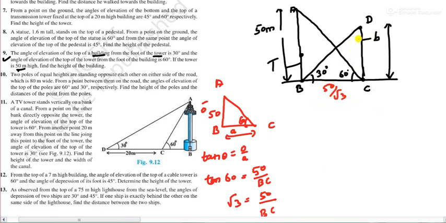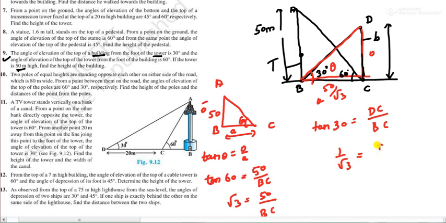So BC you have got as 50 by root 3. Now if you look at this figure, triangle DBC, angle B is 30 degrees. Again you need to find this DC. If this is theta, this is opposite and this is adjacent. So tan 30 is equal to O by A, that is DC by BC, which is 1 by root 3.